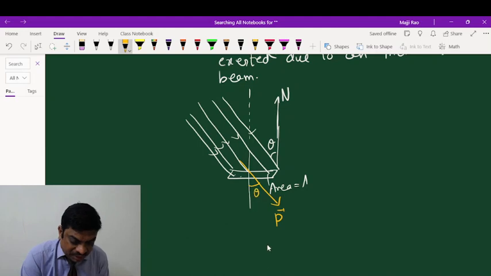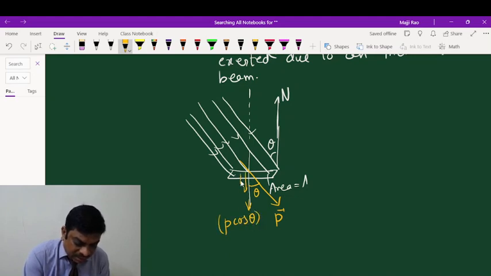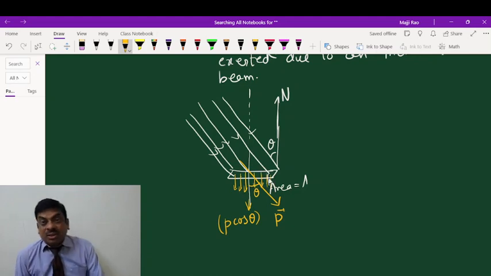Now, if this angle is theta, you have to take the normal component of momentum, which will be p cos theta, because exactly this component of momentum is the origin of force or thrust exerted on the surface area.